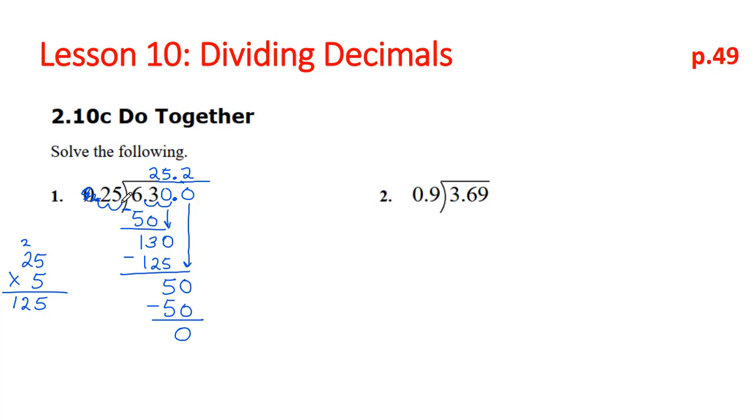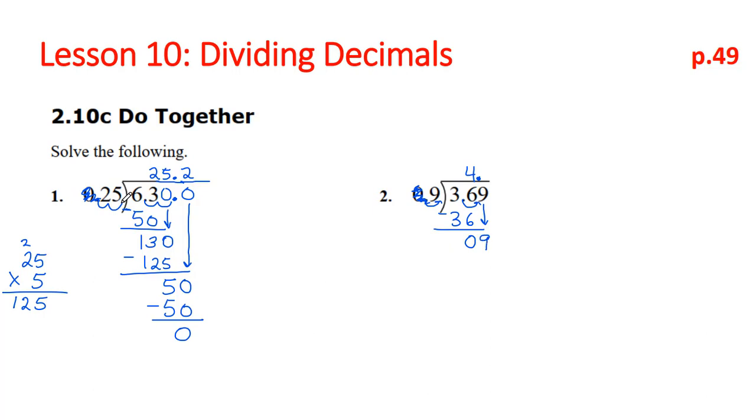For number 2, I have 1 decimal place to move on my divisor and therefore 1 decimal place on my dividend. So I'm going to put that decimal up in my quotient and start to divide. 9 into 3 does not go, but 9 into 36 goes perfectly 4 times. 4 times 9 is 36, and we subtract. 36 minus 36 is 0.